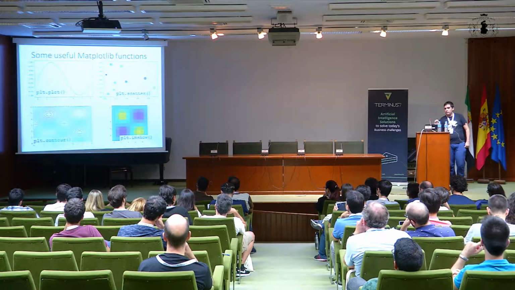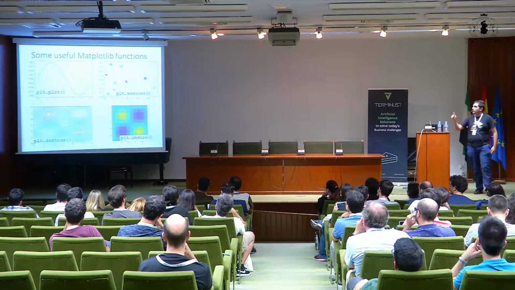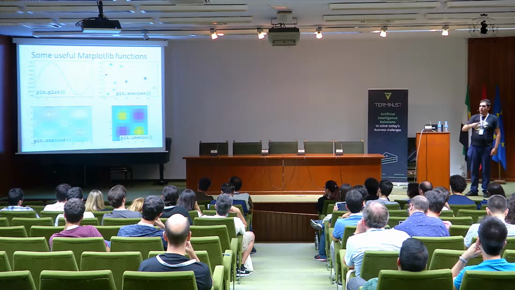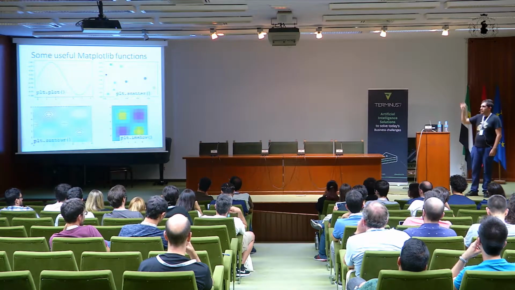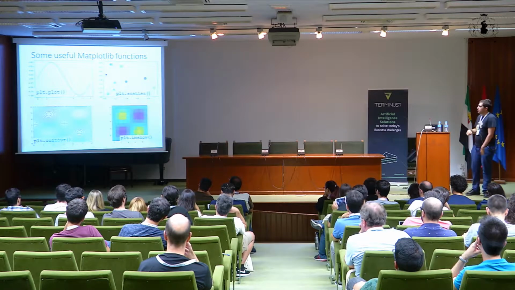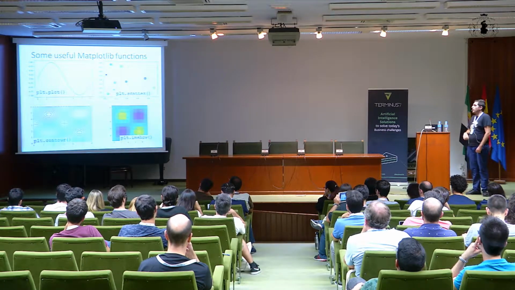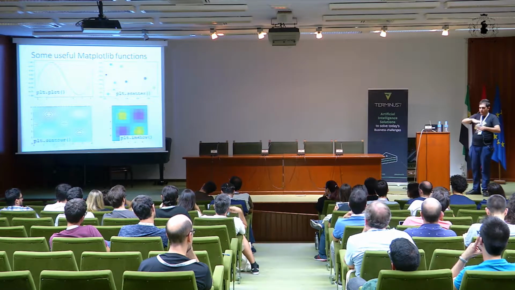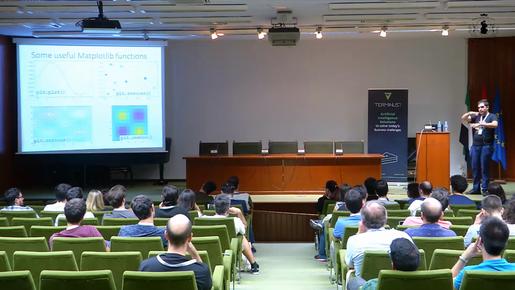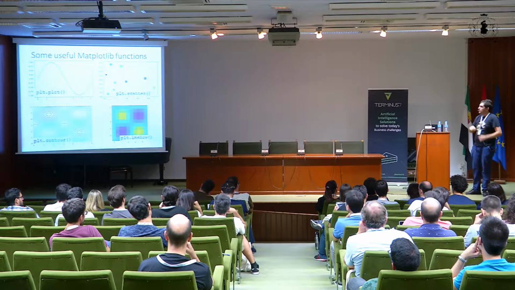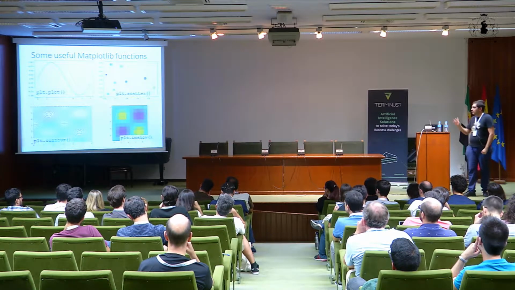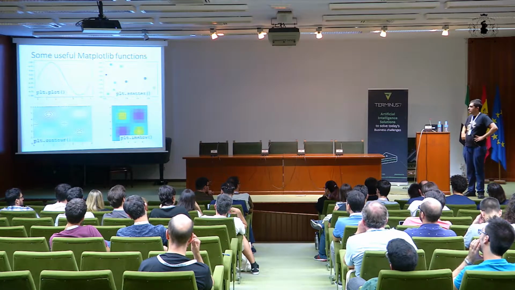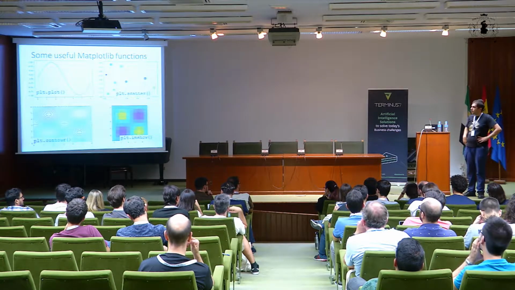The Matplotlib functions that we will use mainly are plot for lines, scatter in order to display points of data, contour, which is also a very useful function because it will display height lines inside a 3D surface, and imshow, which shows a matrix. For example, you have there a 10 by 10 element matrix.